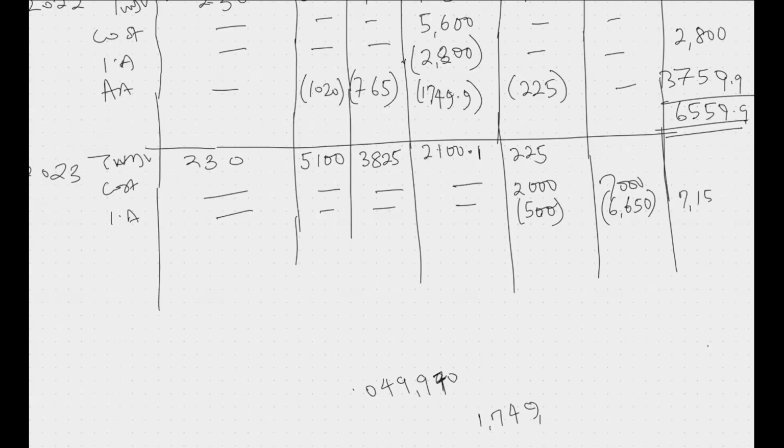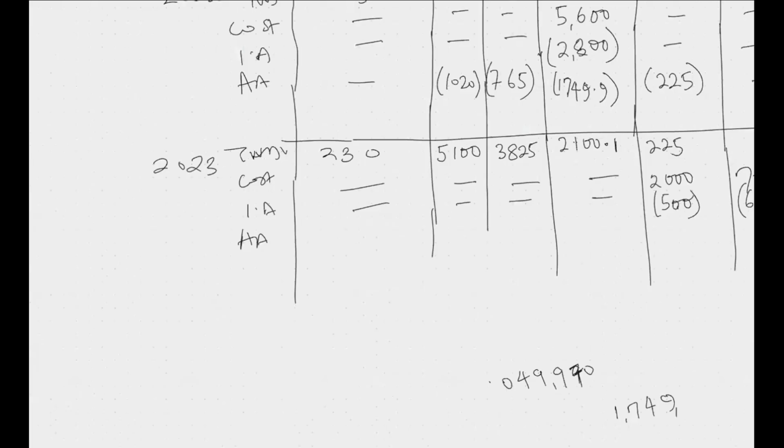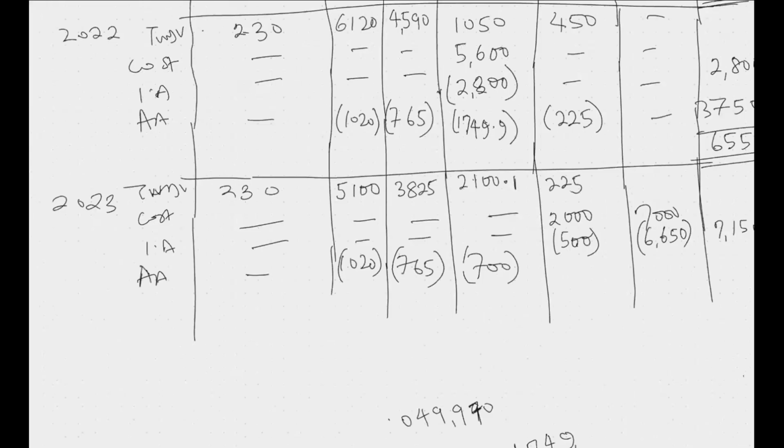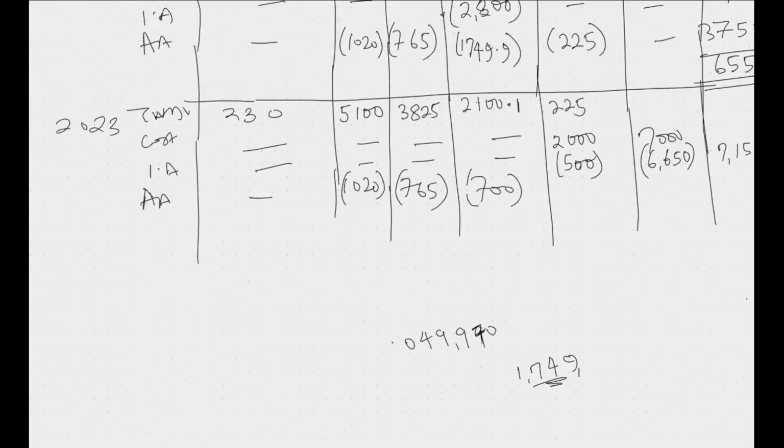AA. Nothing for this one. 1020 for this one. 765 for this one. We have concluded on that other one. So this is 700. Now don't forget we did something on this one that time, abi? So we have removed 100. Give me my value. You said that one was 224.9. So what's the new annual allowance for the new one?